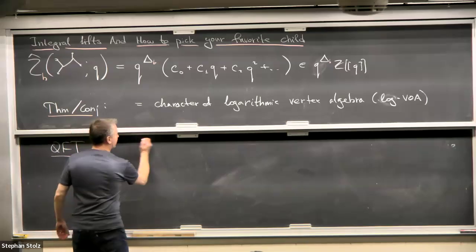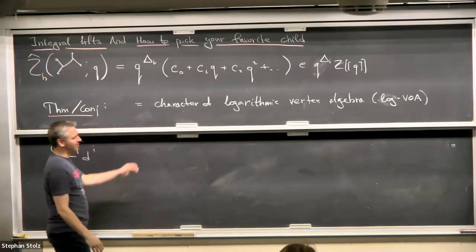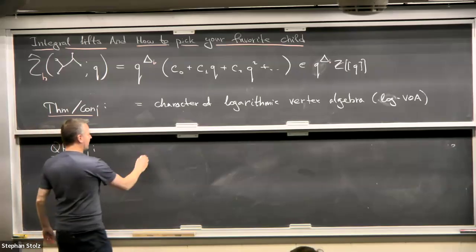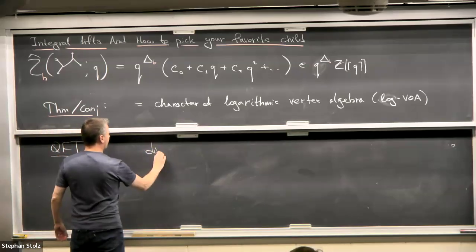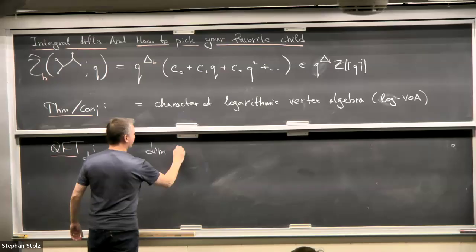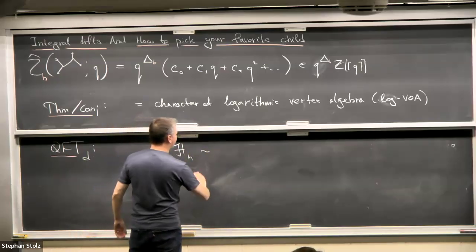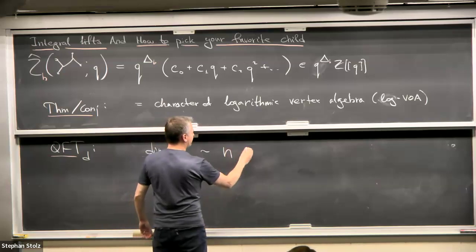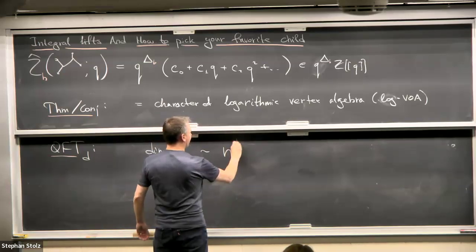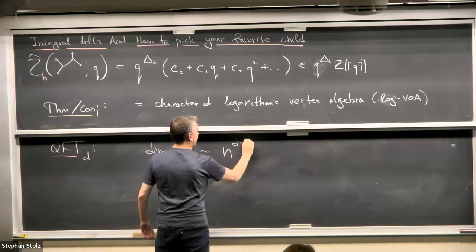Then it's a general fact that at energy n, the dimension of the Hilbert space graded by this energy level n grows roughly as n to the (d minus 1) over d.